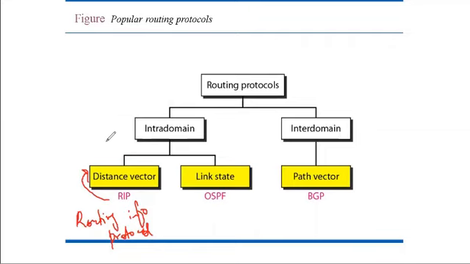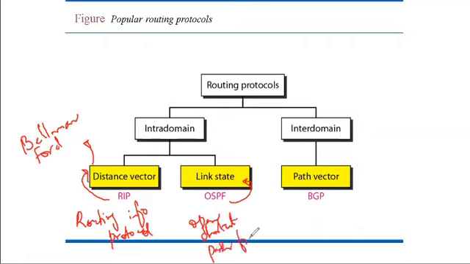Distance vector is based on one of the algorithms that you have studied in data structures, the Bellman-Ford algorithm. And the link state protocol is implemented by Open Shortest Path First.